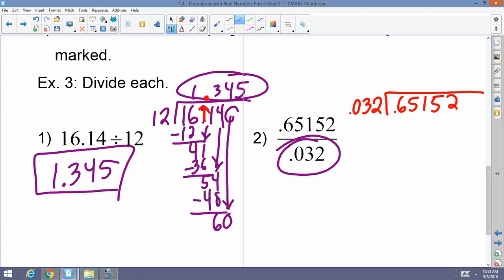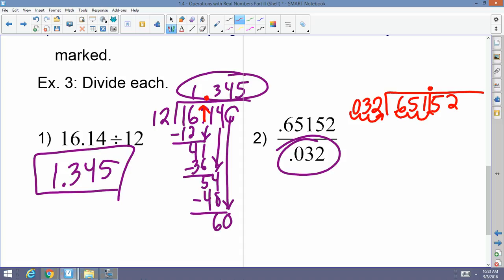Now I've got a decimal here in the divisor, so I've got to go 1, 2, 3 to the right. Whatever I do to the divisor, it must be done to the dividend. So I'm going to go 1, 2, 3 to the right. I am going to immediately bring it up. And that's it. I'm done with my decimal. I don't have to worry about the decimal again. That's the beauty here. Once you put it up there, it's done.